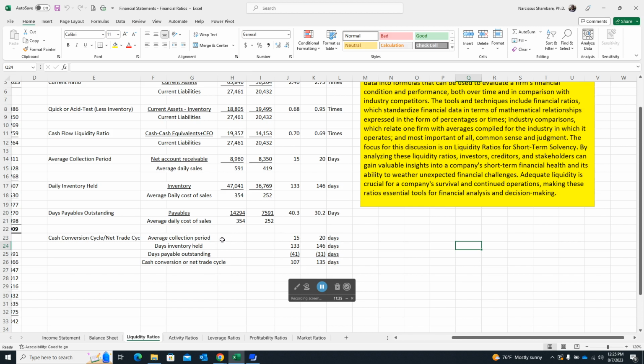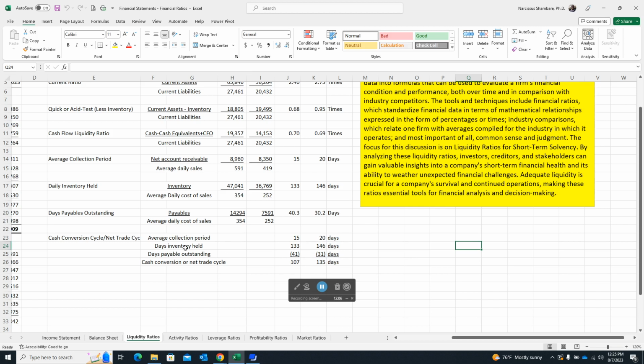We have the average collection period, how long it's taking them to collect the money, and how long it's taking them to turn over their inventory, and how long it's taking them on average to pay their creditors. And when you add the first two and then subtract the days payable outstanding, you can see that this particular organization has improved drastically from 135 days the prior year to 107 days, right?